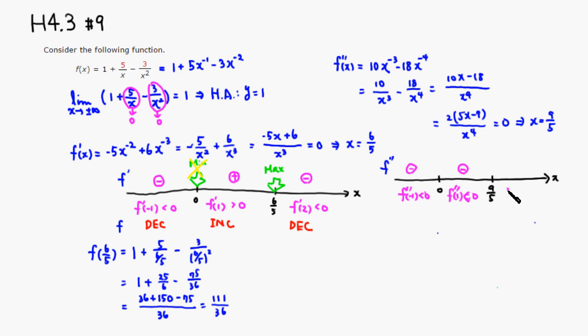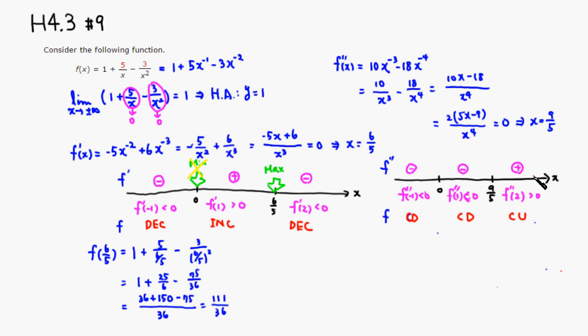Then if you try anything bigger than 9/5, so I'll try 2, then you see that that's going to be positive. So we know that the original function is concave down here, concave down here, and concave up there.